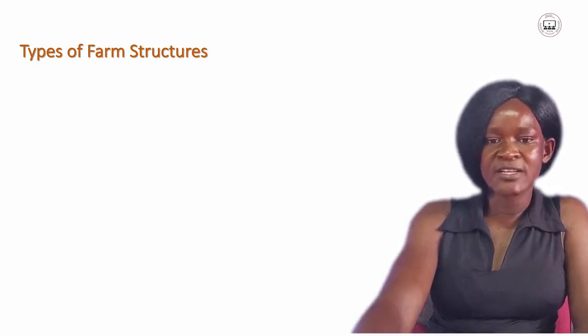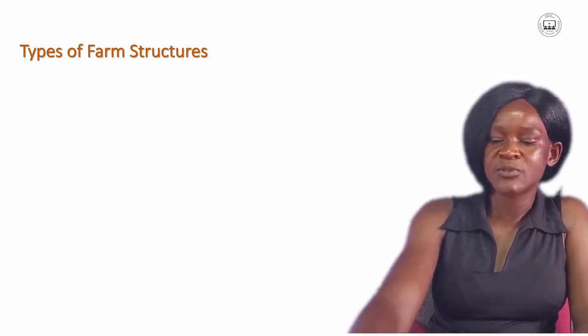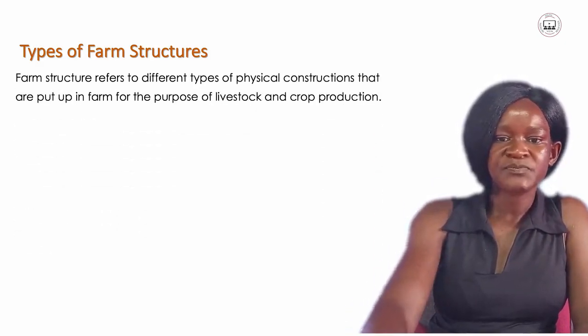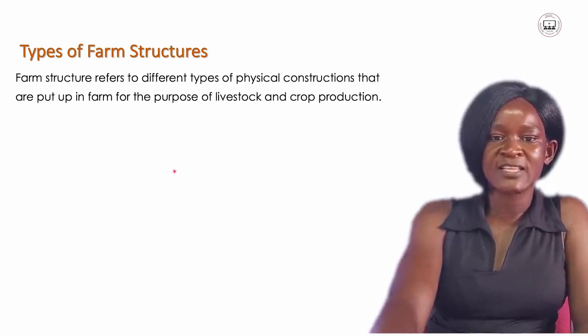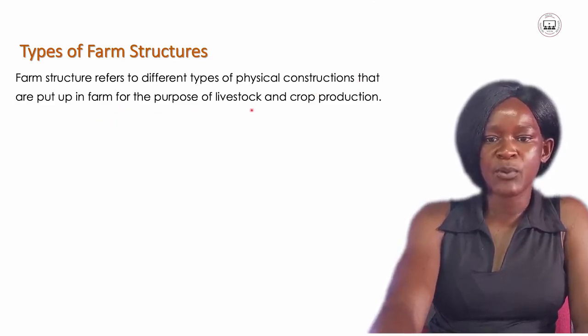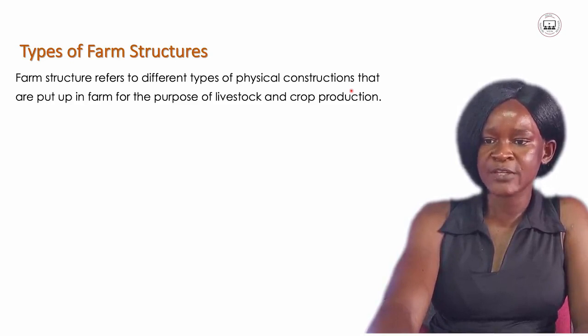They are mainly classified into five. We can define farm structures as different types of physical constructions that are put up on the farm for the purpose of livestock and crop production.